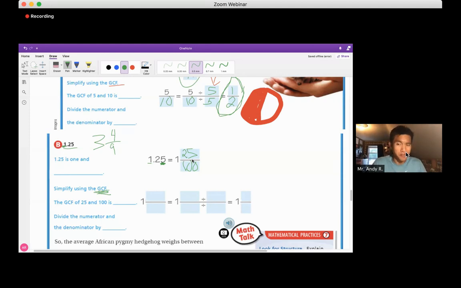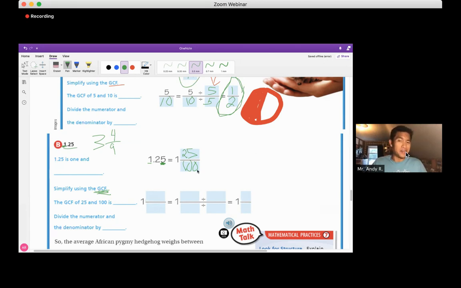Because the greatest common factor will be the biggest number that both the 25 and the 100 can divide by, that they both have in common. Okay, so what can 25 and 100 be divided by?